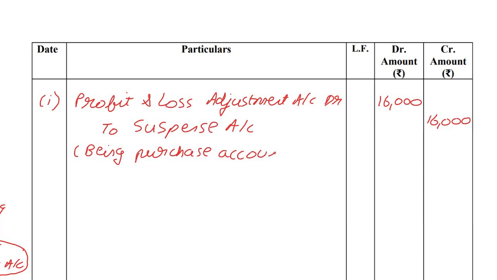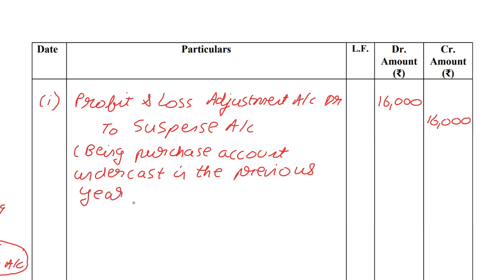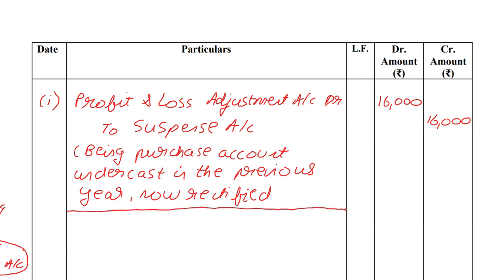Being purchase account undercast in the previous year, whatever the issues, being whatever mistake, and then you will say now rectified. Okay, and with that, we are done with the first rectification entry. Obviously, we will draw a line with a scale.